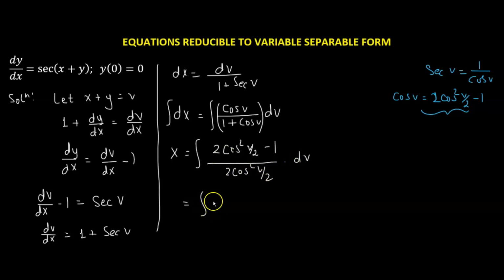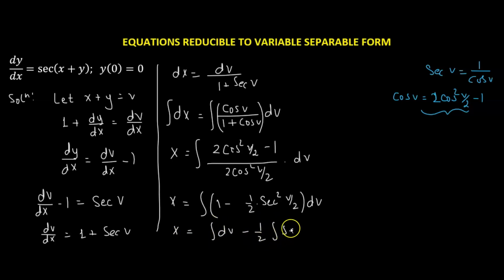So we have 1 minus half times 1 over cosine squared v over 2, so that's simply secant squared v over 2, and this is integrated with respect to v. So that gives us x equals integration of dv minus half integration of secant squared v over 2 dv.